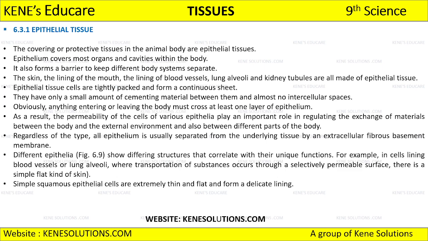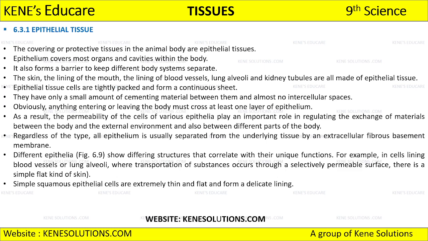Okay, so epithelium covers most organs and cavities within the body, and it also acts as a barrier to keep different body systems separate. Barrier means it is going to prevent all the body systems from coming together.